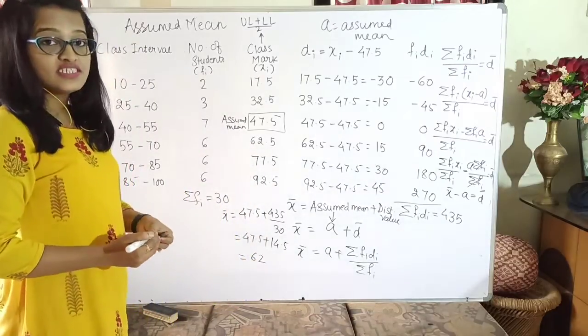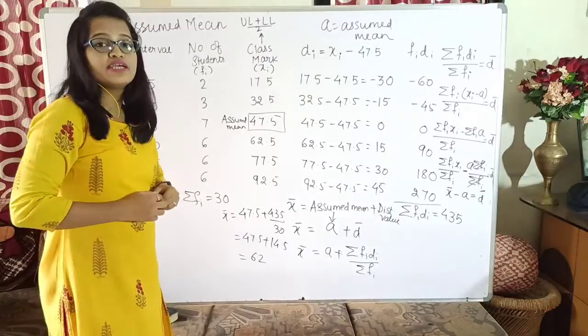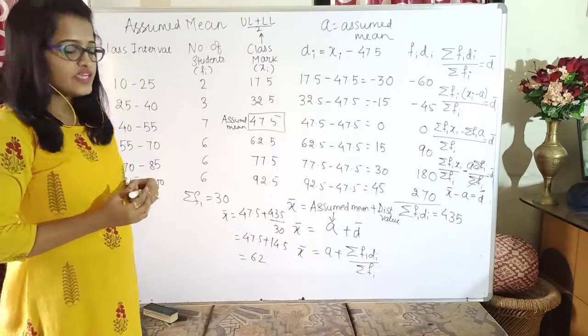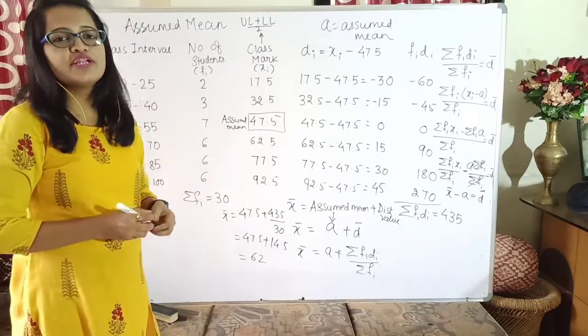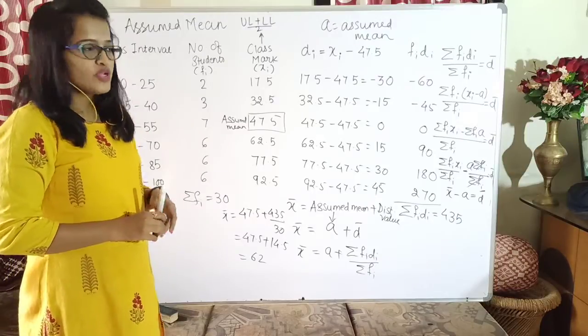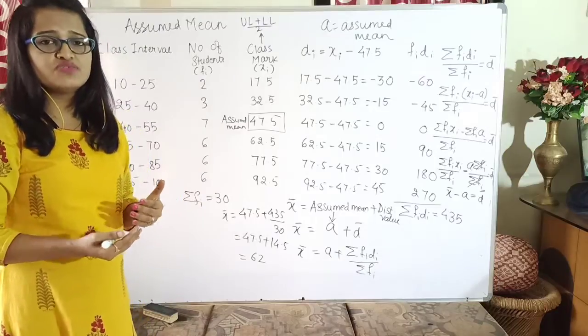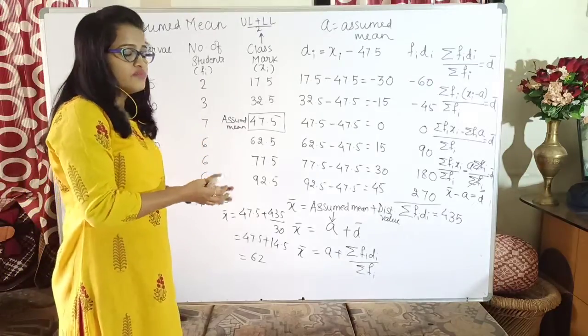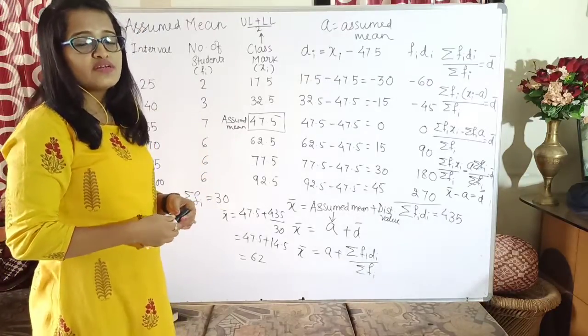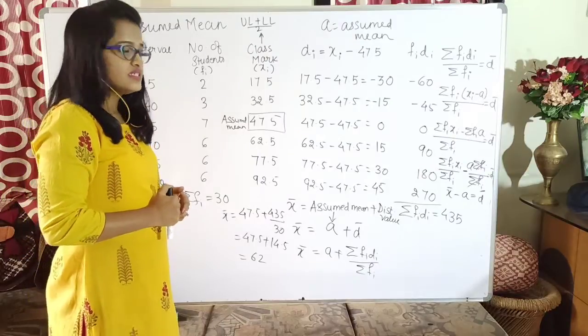So again, this is the same mean which we had obtained by the direct method. Okay, so it is the same mean value obtained by the direct method, because it is the same method, we are just making some changes so as to make the calculation part a little easier. Okay.